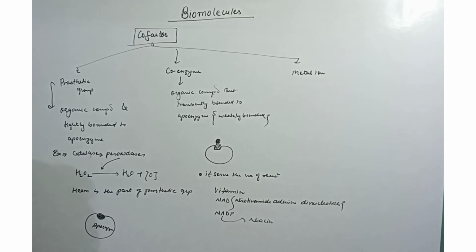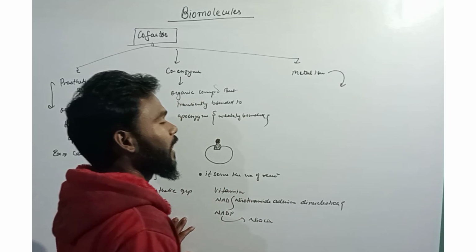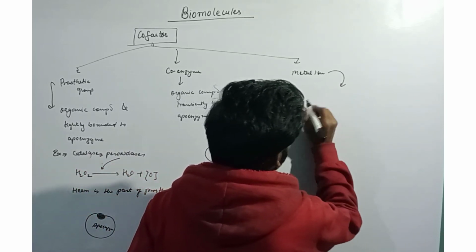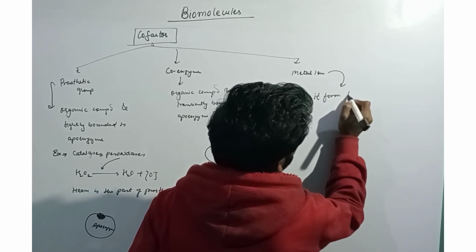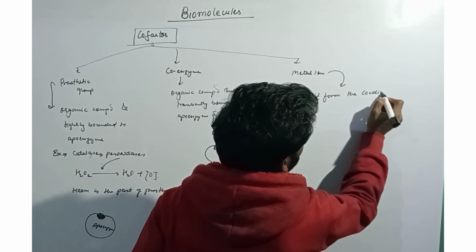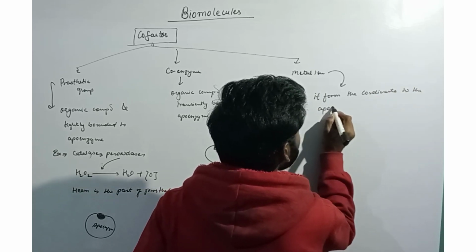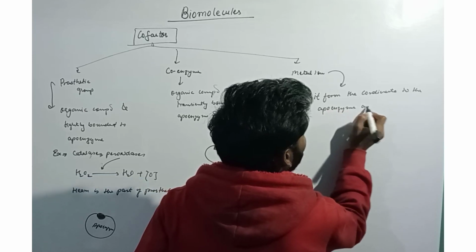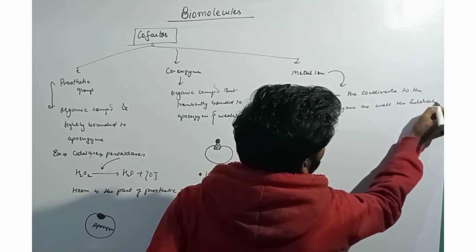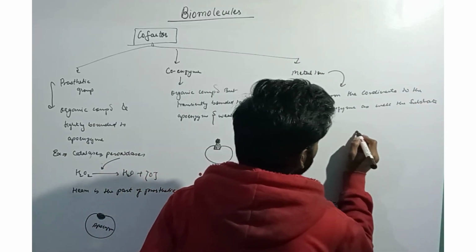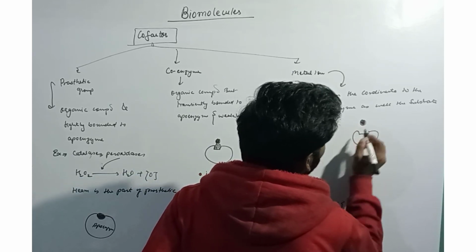Now we're talking about metal ions. Please do remember, a metal ion forms a coordinate bond to the apoenzyme as well as the substrate. For example, this is the apoenzyme and this is a cofactor, that is a metal ion.